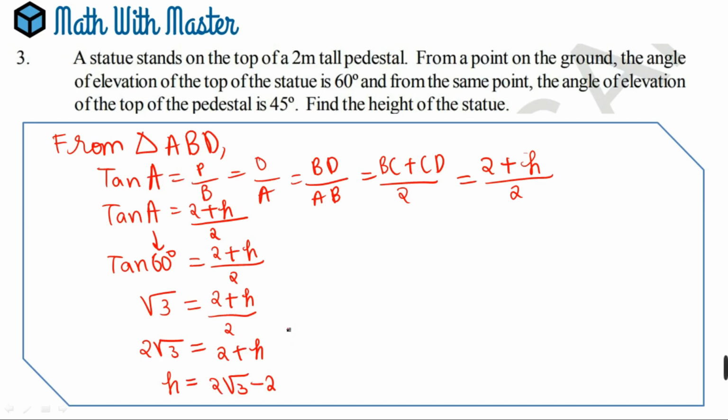So now how to find this value is, we have got h is equal to 2 root 3 minus 2.